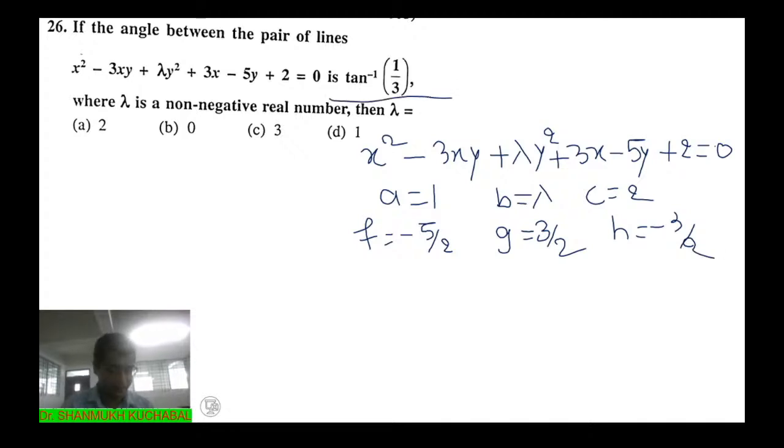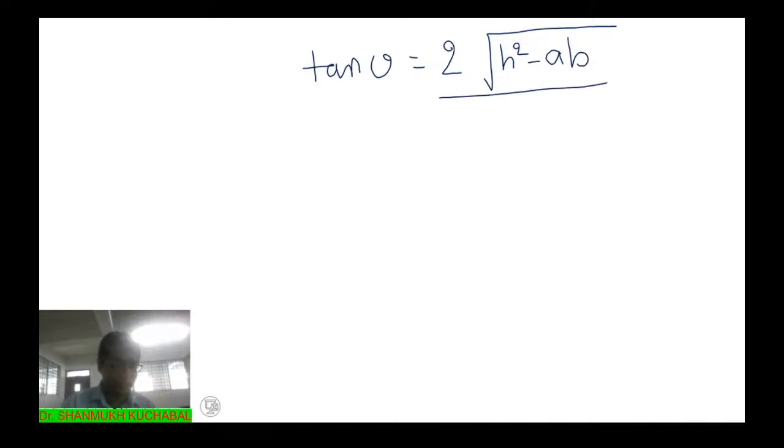And using this, we can write tan theta equal to 1 by 3. So we will equate it here with the theta. So tan theta we get as 1 by 3. Further, we'll take the formula tan theta equal to 2 times under the square root of h square minus ab divided by a plus b.